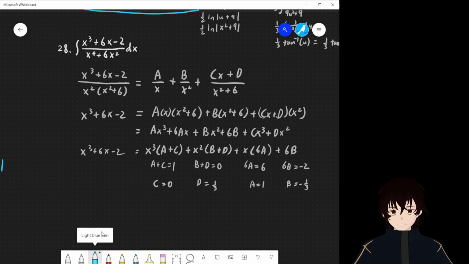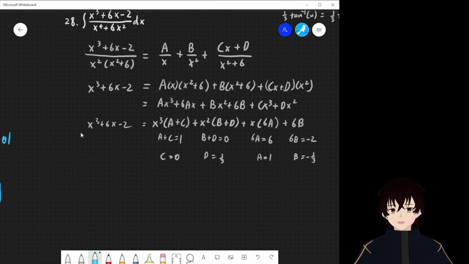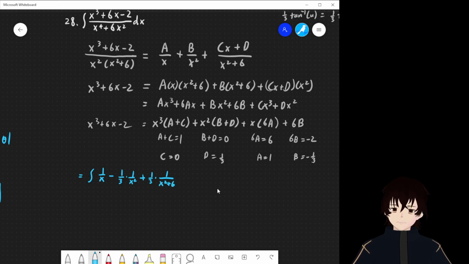Logic passes. Then if we rewrite our integral, we would have the integral of 1 over x minus 1/3 times 1 over x squared plus 1/3 times 1 over x squared plus 6.